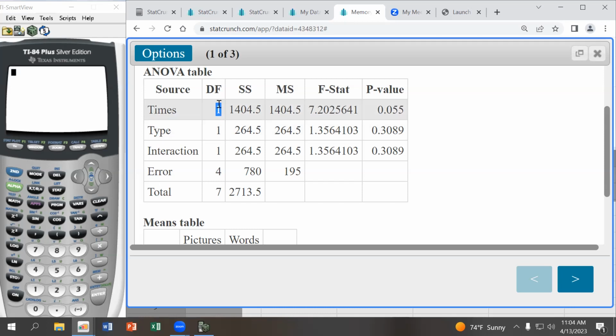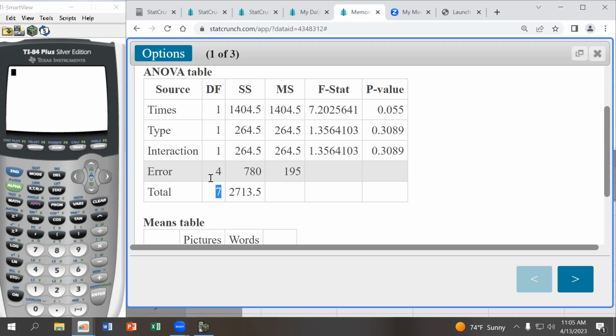Number of rows minus 1, 2 minus 1, 1. The second number for the column effect, number of columns minus 1. We will deal with the fraction later. The total is the total number of observations, r times c, multiplied by n.